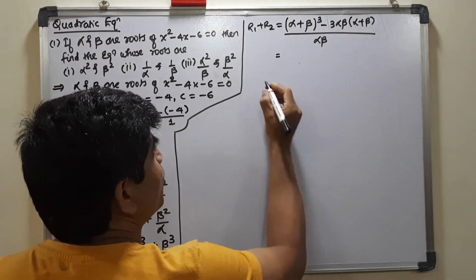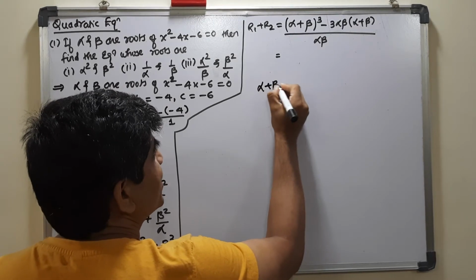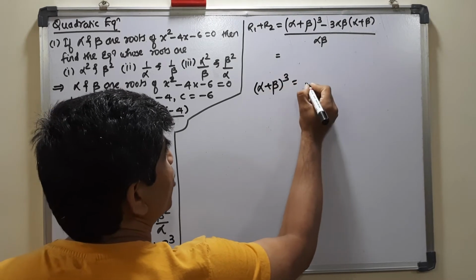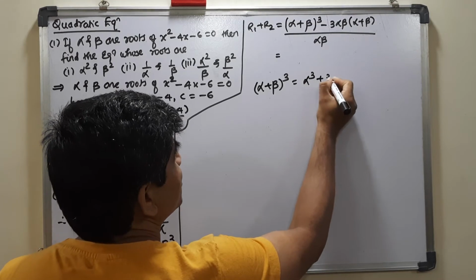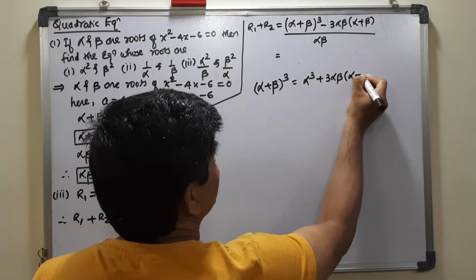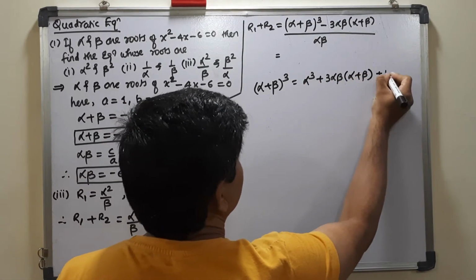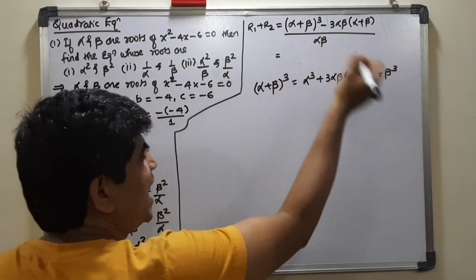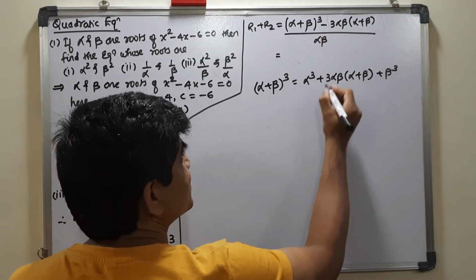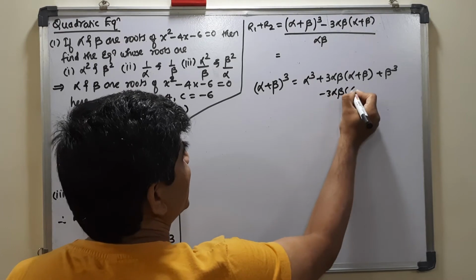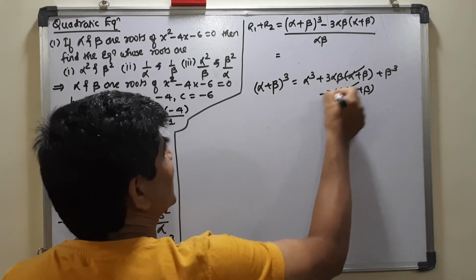Alpha plus beta the whole cube, the formula is alpha cube plus 3 alpha beta into alpha plus beta plus beta cube, and from that if you subtract minus 3 alpha beta into alpha plus beta, this gets cancelled.